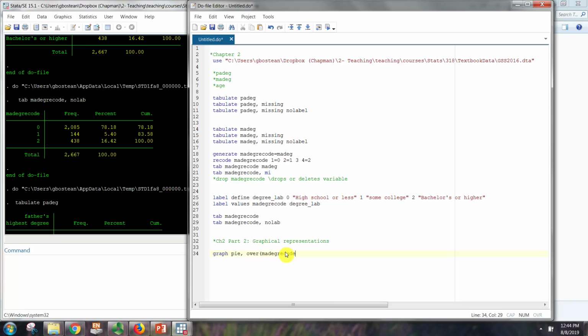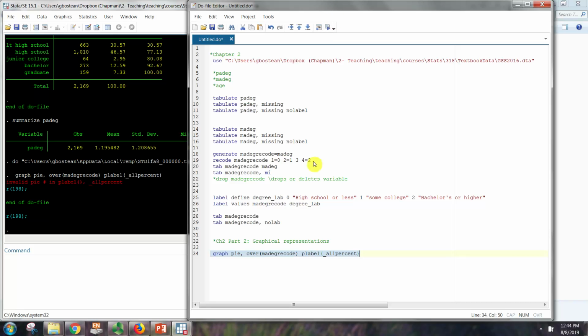So we'll create this pie chart by using the command graph pie, and we're telling it what variable to go over, this mother's educational attainment recoded variable. And we're going to tell it that the label we want to add is the percent for each pie slice, as opposed to, for example, the N. All right, and what did I do incorrectly here?